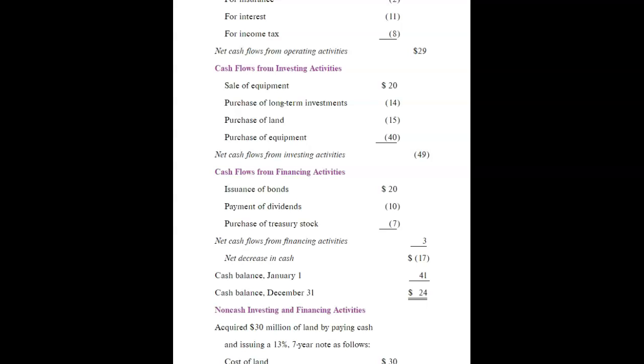After listening to these instructions, please pause the video and prepare the cash flows from financing activities section of Success Systems Statement of Cash Flows for the year ended December 31st, 20X1. Use Beneficial Drill as an example and use the cash flows from the changes in the equity accounts that we discussed a few minutes ago on the balance sheet. Then start the video again to check your work.